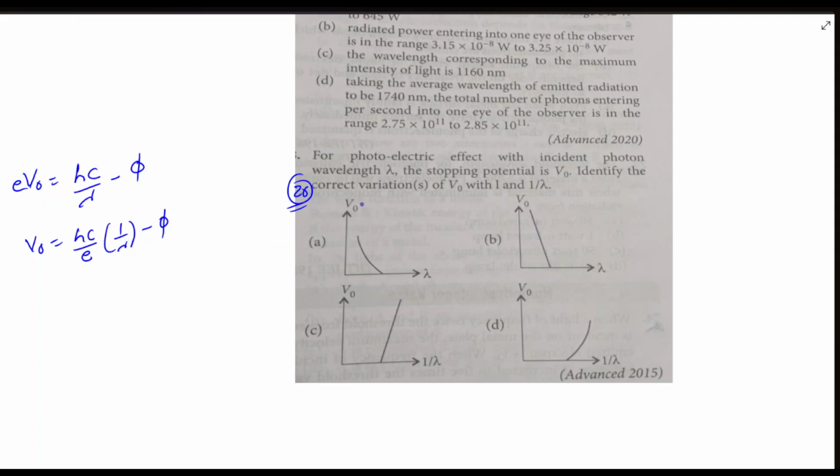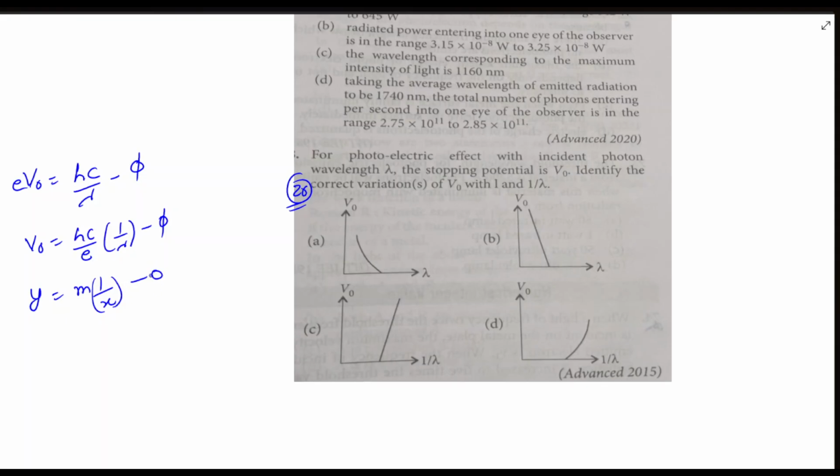If we want to make a graph of V naught versus lambda, V naught will be y, this will be some constant, and this will be 1 upon x. And this is again some constant. Let's not write this as m, because with m you will think it's a slope, and we don't know if it is a slope for this graph or not. I'll just write it k.